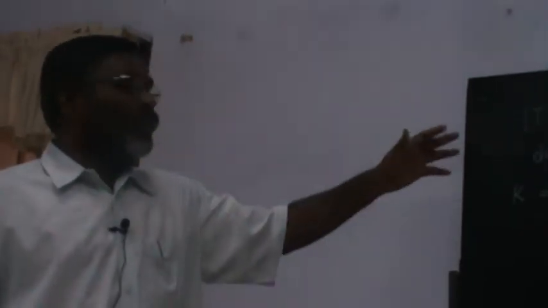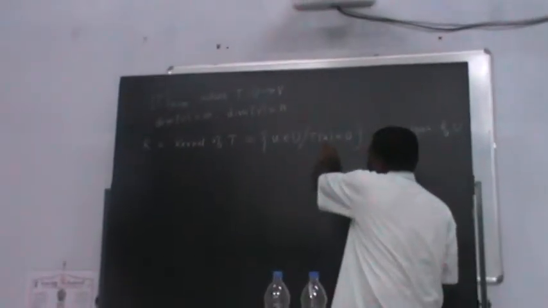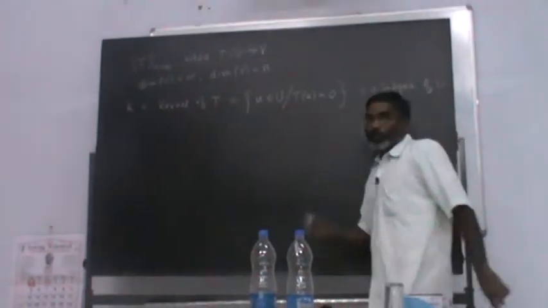But let me say that it can be proved. So you have to just check closure under vector addition and scalar multiplication. So you can take u1 and u2 that are in this, such that T of u1 is 0, T of u2 is 0.